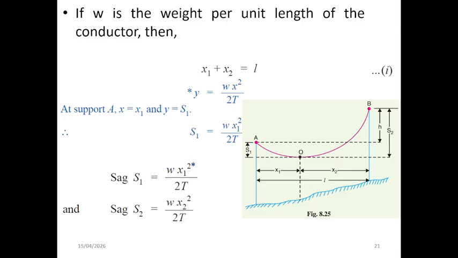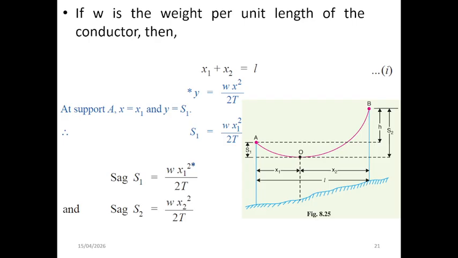Okay, this slide develops a mathematical relationship for a conductor suspended between supports at unequal levels. Assuming W is the weight per unit length of the conductor, the total span is expressed as the sum of the horizontal distances from the lowest point O to each support, x1 plus x2 is equal to L. The general equation of the conductor curve is defined by this equation.